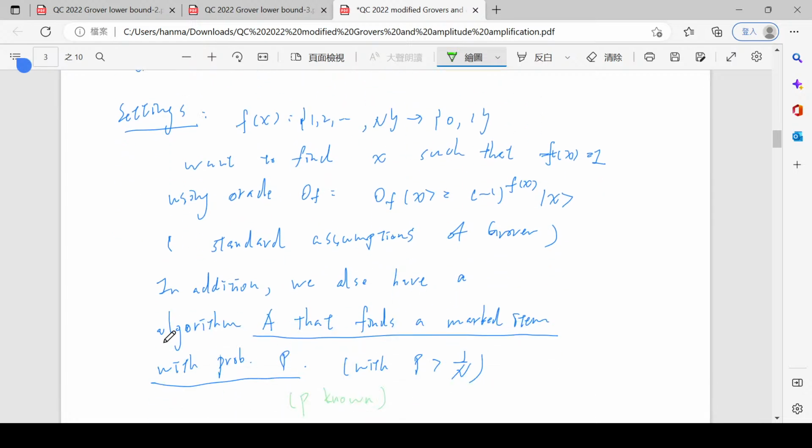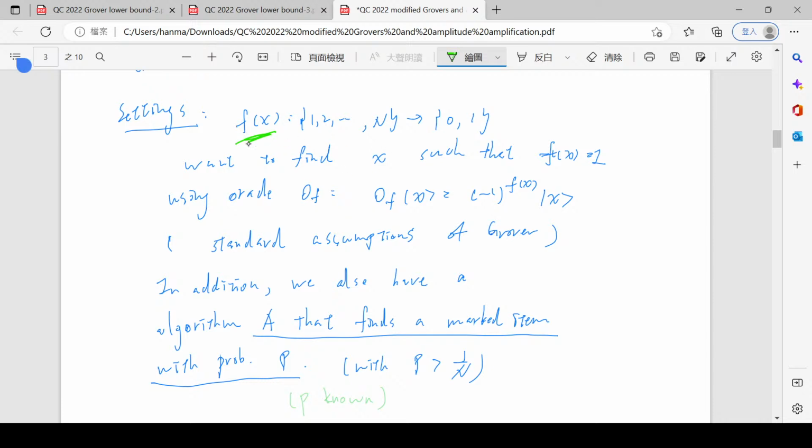So the setting is, we set this up like Grover search. So we have this oracle function that you still want to find a marked item.